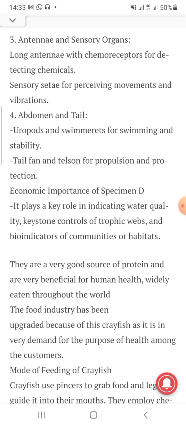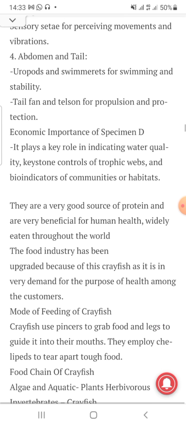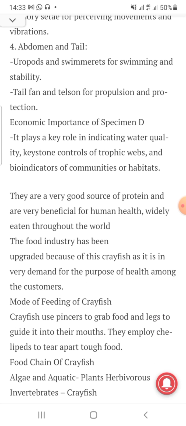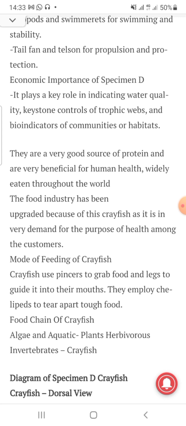Let's look at the economic importance of specimen D. Number one, it plays a key role in indicating water quality, keystone control of trophic webs, and bioindicators of community habitat.